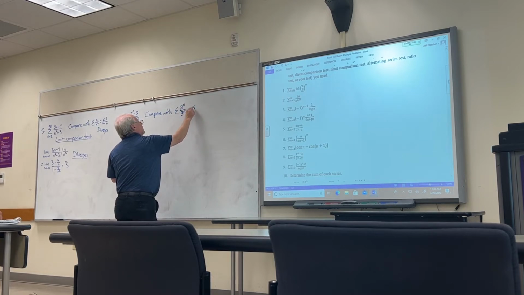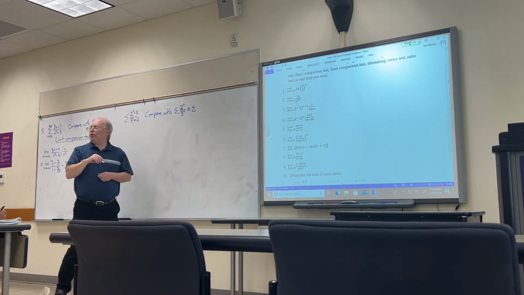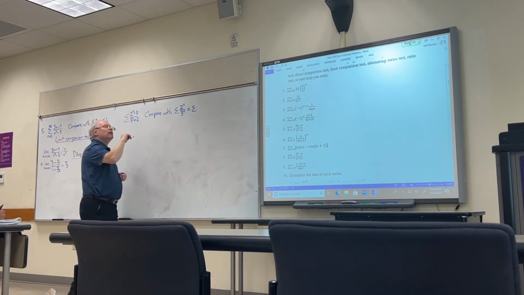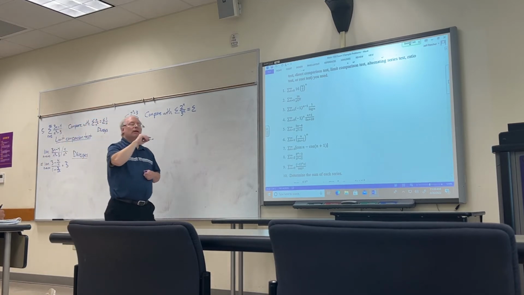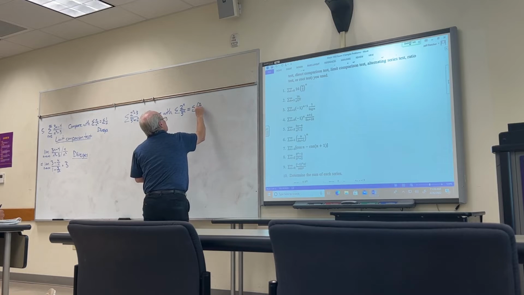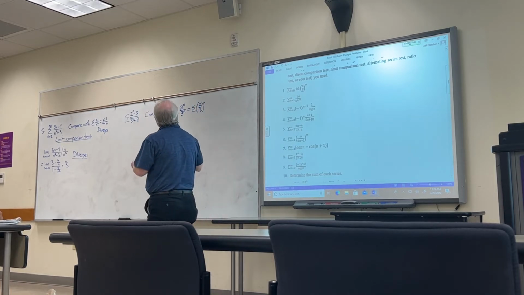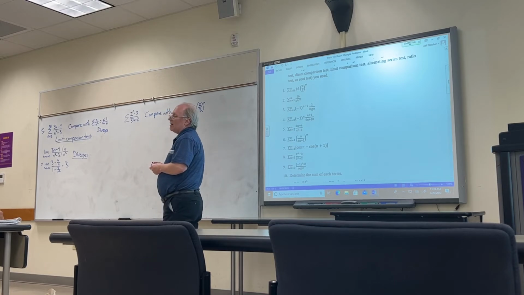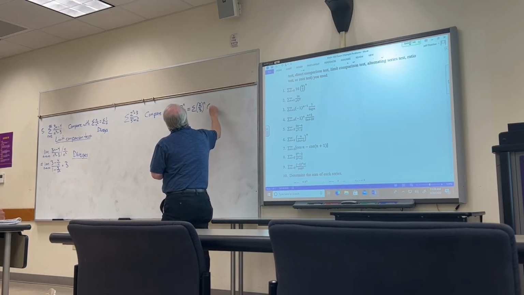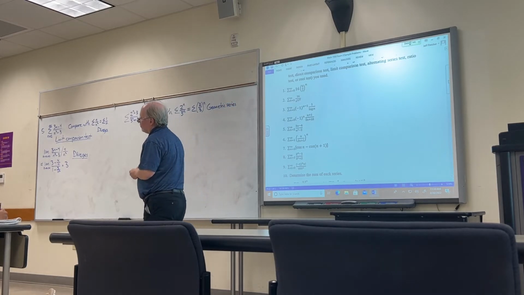And how can we write that a little more simply? 2 over 3. Yeah, I can write it as 2/3 to the nth power. And of course, what type of series is that? If you have a constant to the nth power? Yeah, that's a geometric series. So here you're comparing it with the geometric series.